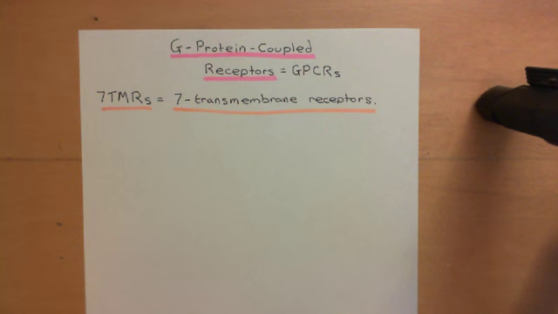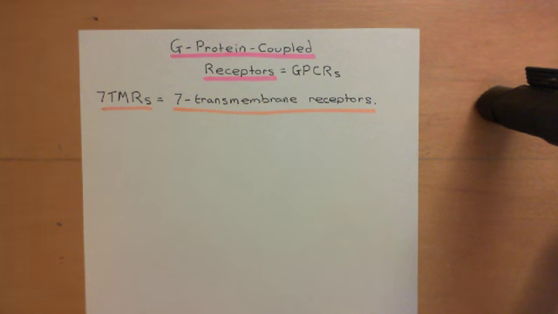And that's why people want to move away from the name G protein coupled receptors, because it implies that all these receptors do is activate G proteins, when in fact they have a huge number of other signaling pathways that they are also capable of activating.